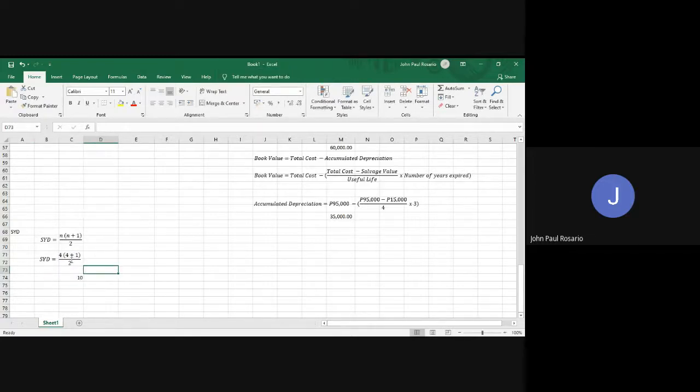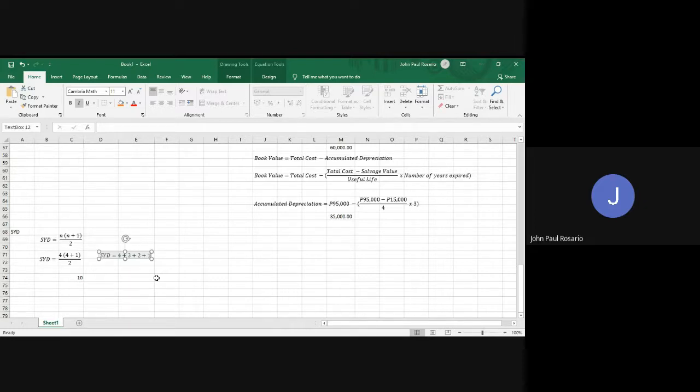Now, there is another way of doing this, which is you add all the digits of the year. That's why it's called sum of the years digit. So the other one is you add 4 plus 3 plus 2 plus 1. If the life of your asset is 10 years, you can do 10 plus 9 plus 8 plus 7 plus 6 plus 5 plus 4 plus 3 plus 2 plus 1.